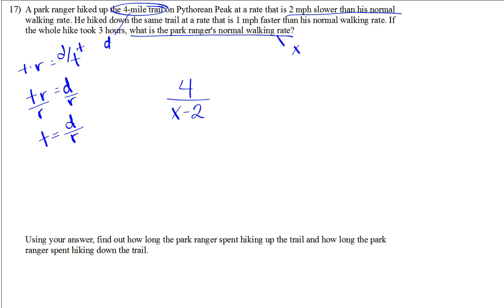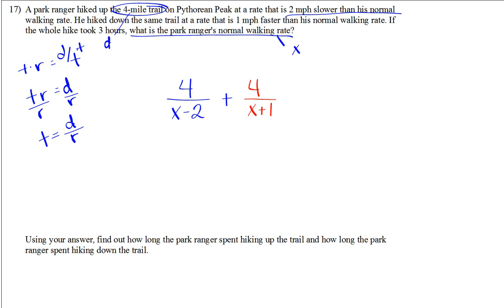And then the whole trip took him longer than that, though, right? We're going to add another portion of the trip, the way down the trail. Again, he's covering 4 miles. This time he has a different rate, 1 mile an hour faster. So his walking speed plus 1. It's going downhill, helping him out a little bit.